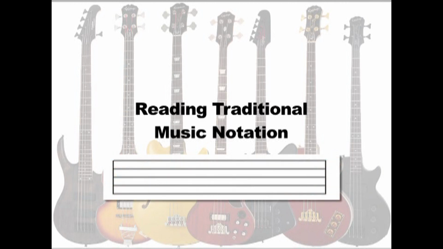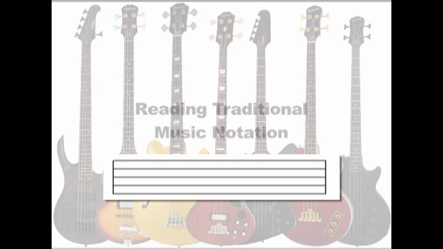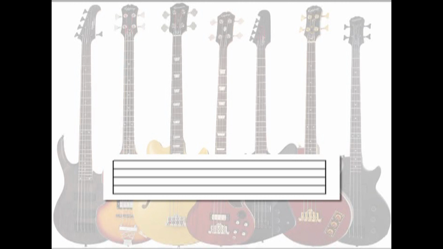You'll be able to use this video even if you do not learn to read traditional notation. However, we have included an introduction in this section. Music is traditionally written on a staff. A staff consists of 5 lines and 4 spaces, which represent the different notes of the musical alphabet. The notes represented on the staff come from our musical alphabet.